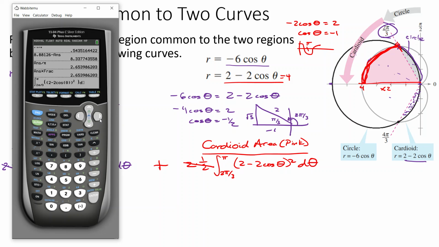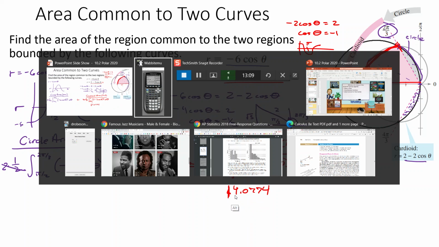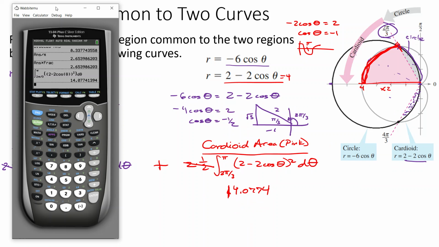Squared. There we go. D theta. There we go. And that's 14.0774. All right, so there's 4 decimal places. And remember, our answers have to be right to 3, so we need to have at least 4 when we're doing this.